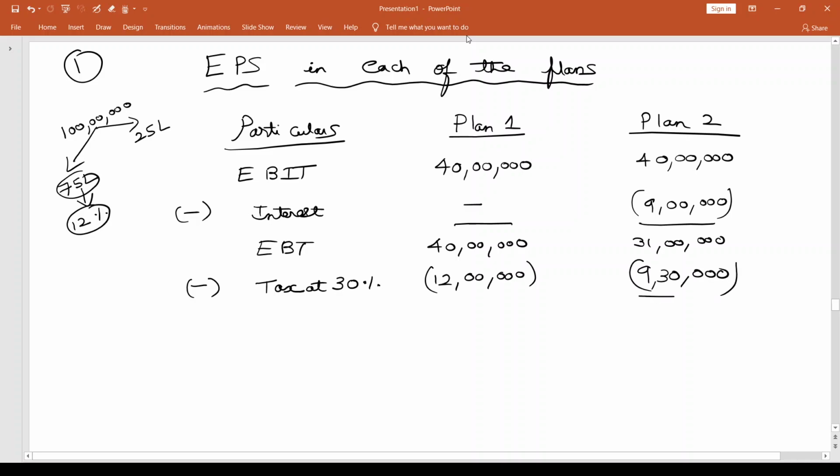So you will have earnings after tax, and that's going to be, for the first case, 28 lakhs. And for the second case, it's going to be 21 lakh 70,000.